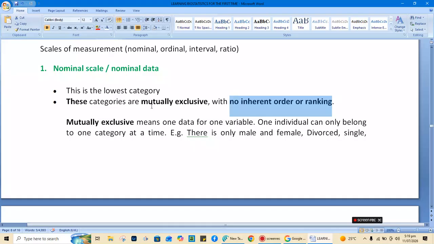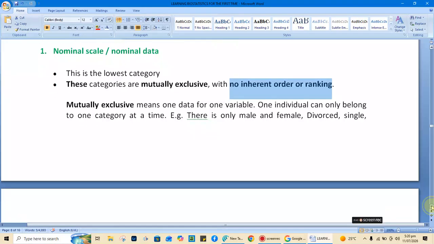So nominal scales deal with data that is categorical, with categories that are mutually exclusive, where one variable can only take one value at a time. It's either you are divorced or you are not. So things such as marital status.